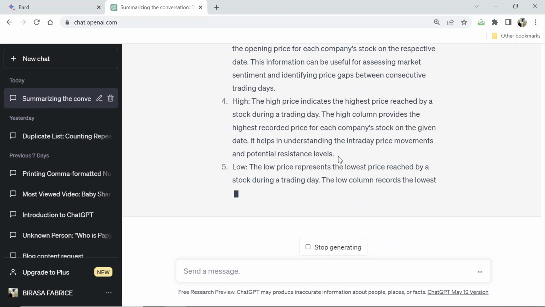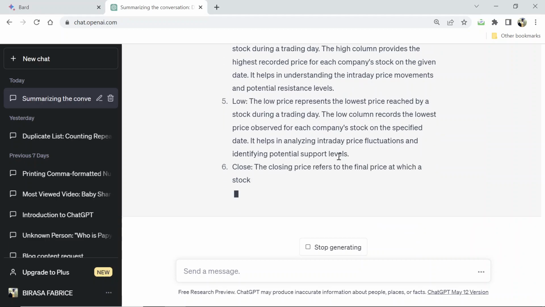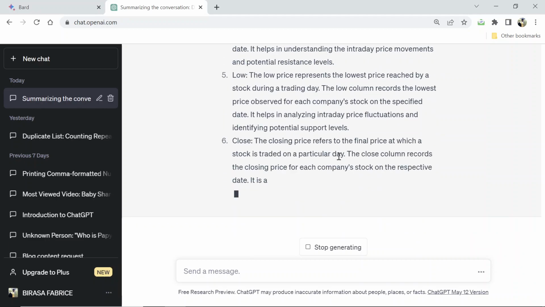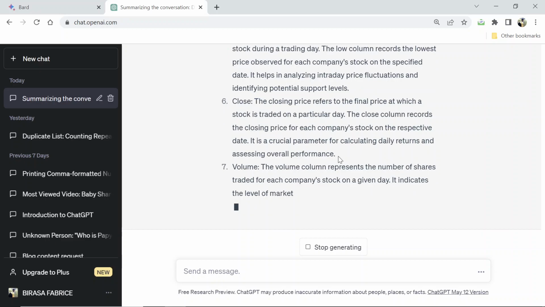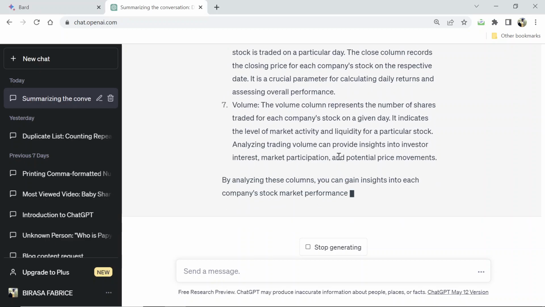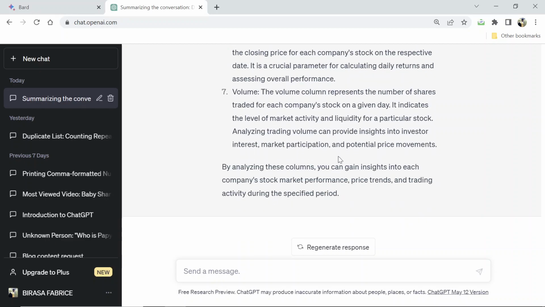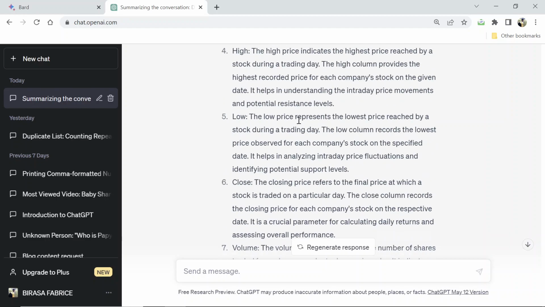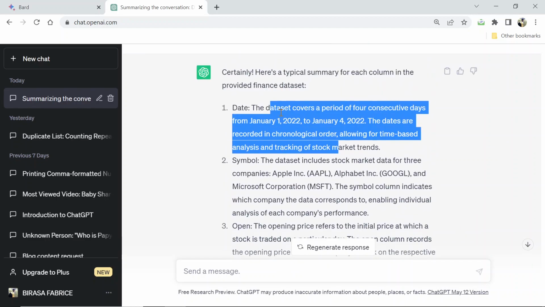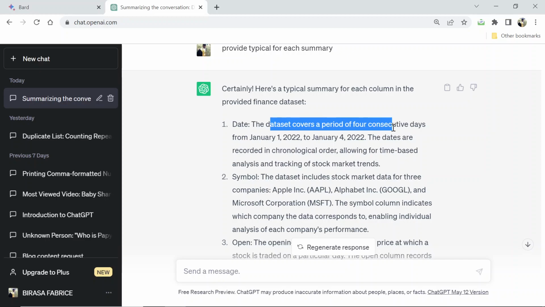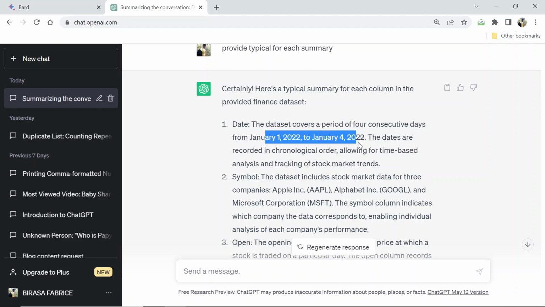You see, when you are dealing with these chatbots, sometimes you ask a question and it can confuse your question with another one. You need to go deeper and explain more on what you are looking for. As you see, it started saying the dataset covers a period of 4 consecutive days from January 1st, 2022 to January 4th, 2022.